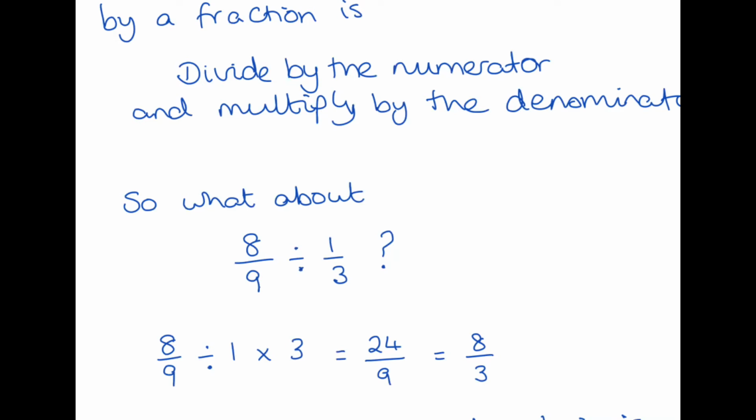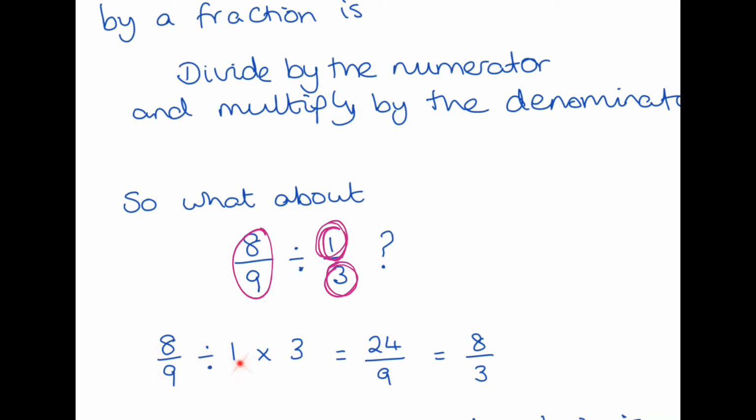Okay, so according to the rule that we've just been working out, this should be the fraction divided by the top and multiplied by the bottom. Okay, so 8/9 divided by 1 times 3. But since we've got a fraction here, this is looking a little bit more complicated now, isn't it? So anyway, anything divided by 1 is itself.